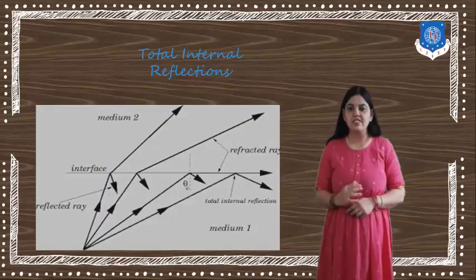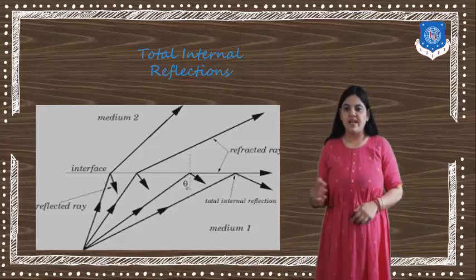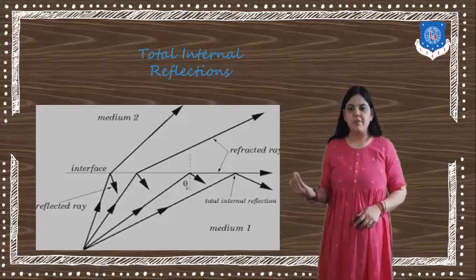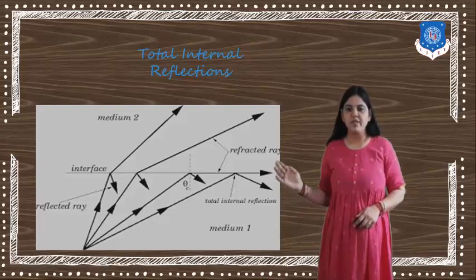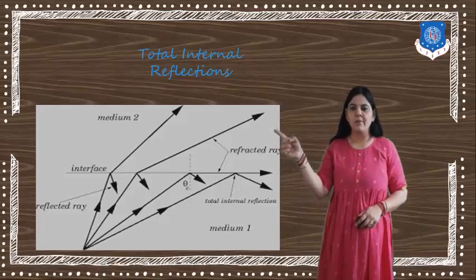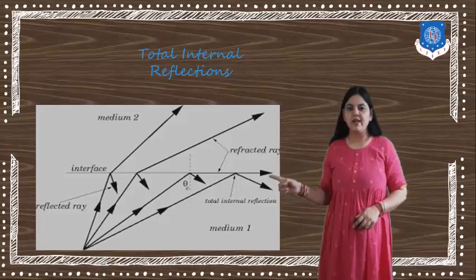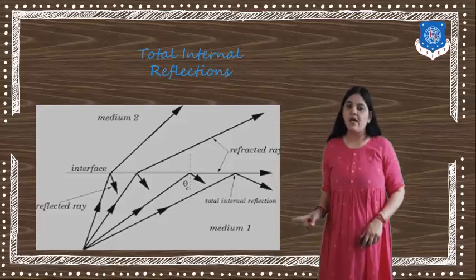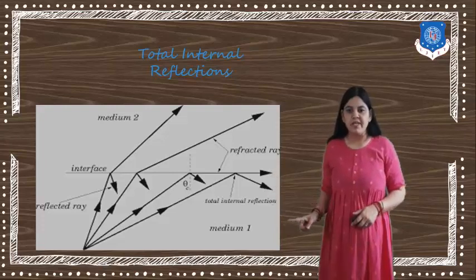Okay, so here you can see the diagram, with medium 1 and medium 2. Whenever the angle is greater than the critical angle, all of the light comes back into medium 1.